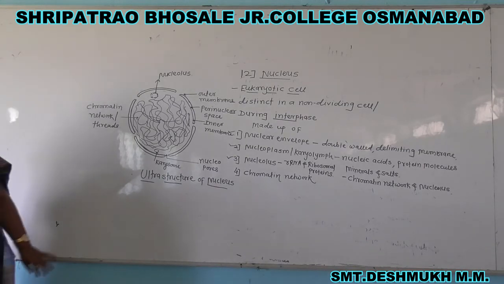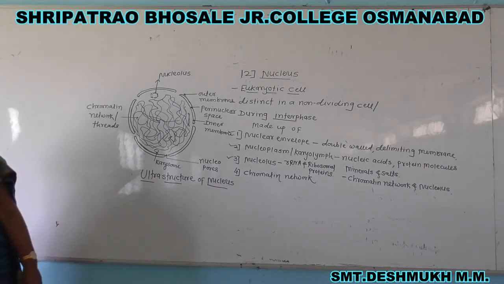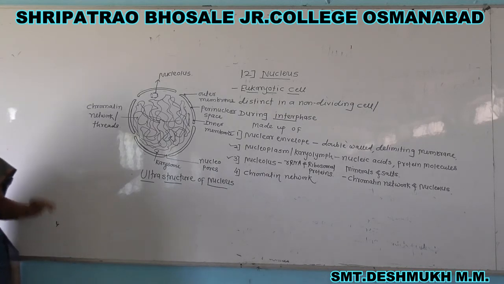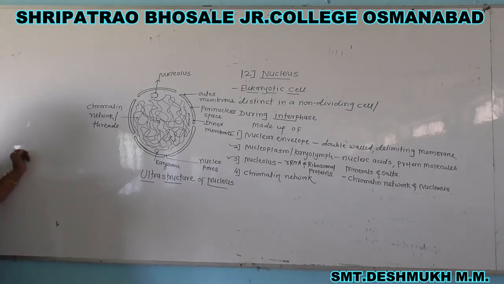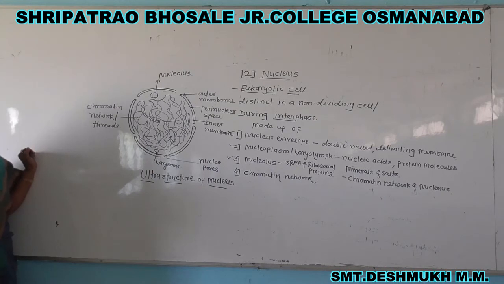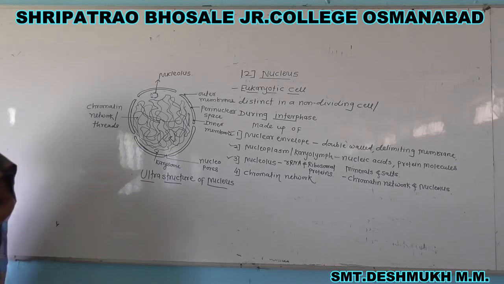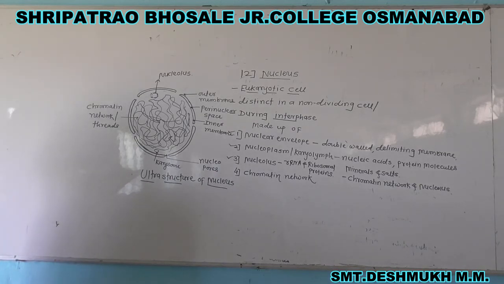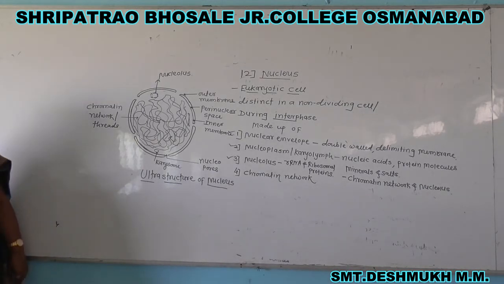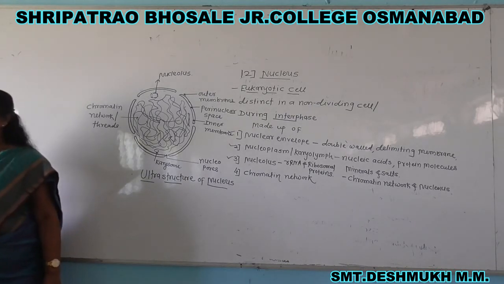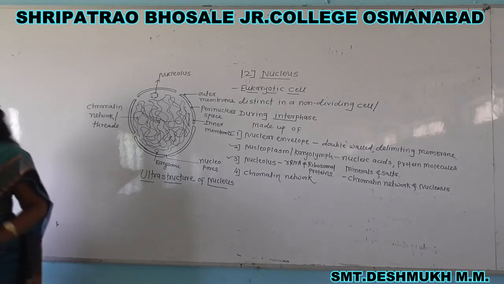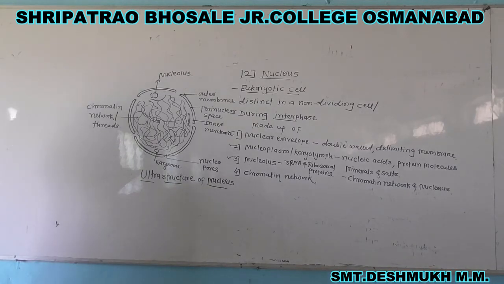The rRNA and ribosomal proteins are transported to the cytoplasm and assembled together to form ribosomes.